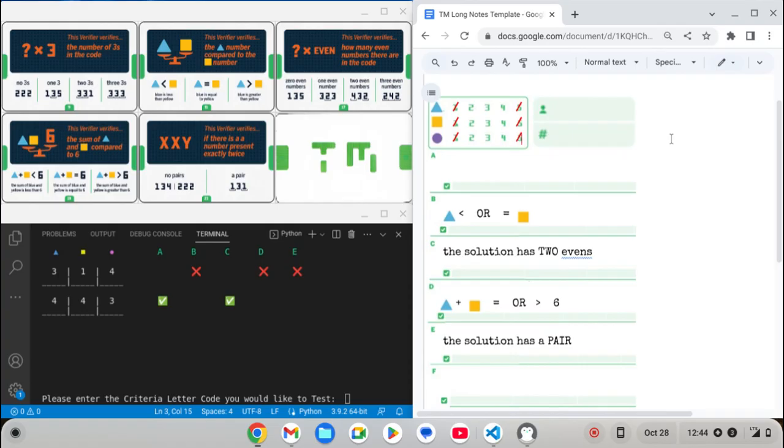So, okay, can we have a pair of 2s? Well, we have 2 evens and an odd. So if I think of all the possibilities where I have a pair of 2s, it could be 2, 2, but that fails criteria card D, the sum needing to be equal to 6.